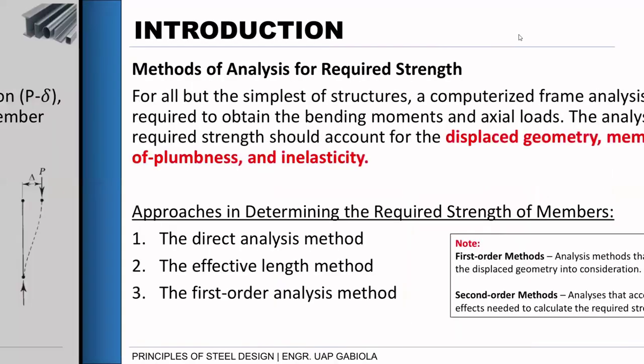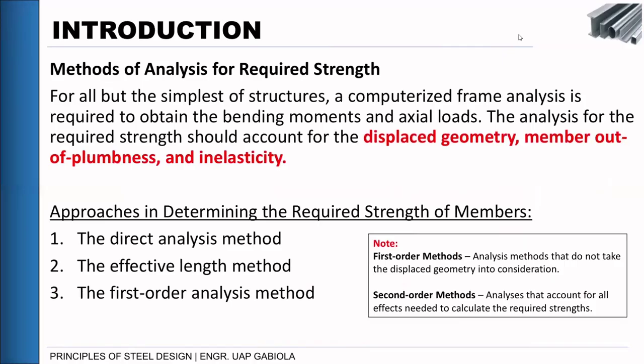Okay. And then we have yung mga so-called second order methods. When we say second order, analysis that accounts for all effects needed to calculate yung required strength. So yung all effects being discussed here are these effects. So kino-consider niya lahat yung consideration niya. Okay? So what are the differences of these three methods?